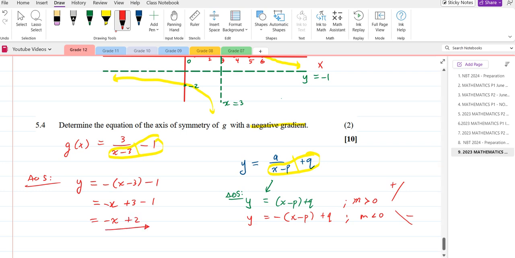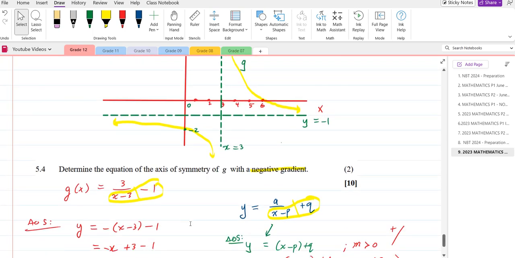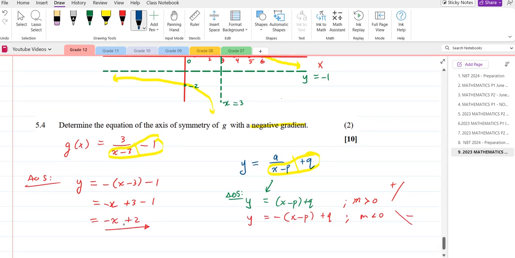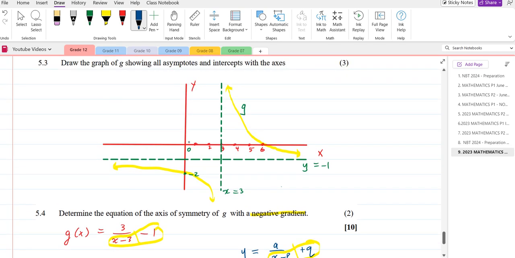So I hope you guys understood that. Now remember, just a little bit more on the axis of symmetry. If they tell you to sketch this, it's simple to sketch because it's just a line going through, what's the equation? Positive 2. Your y-intercept is positive 2 and your x-intercept is 2. So your axis of symmetry goes through this line here.